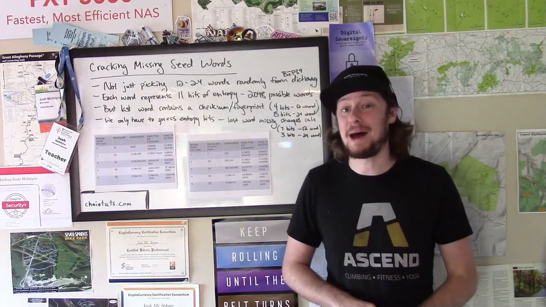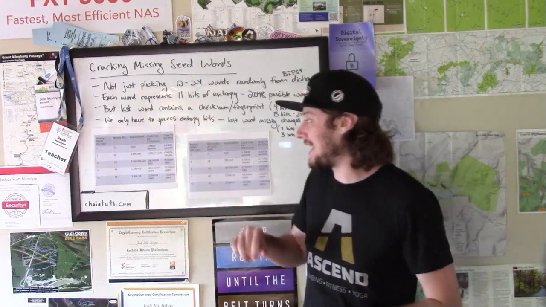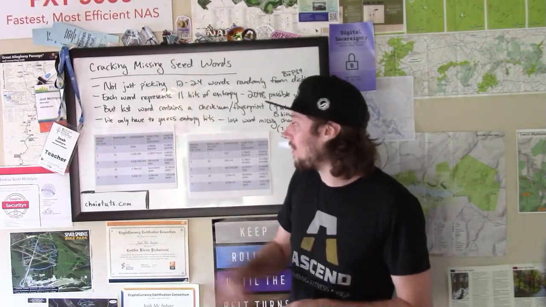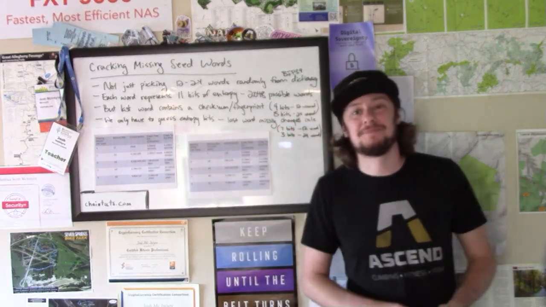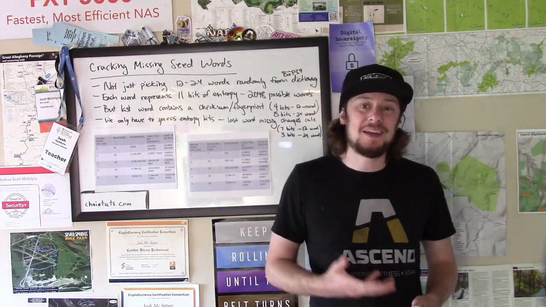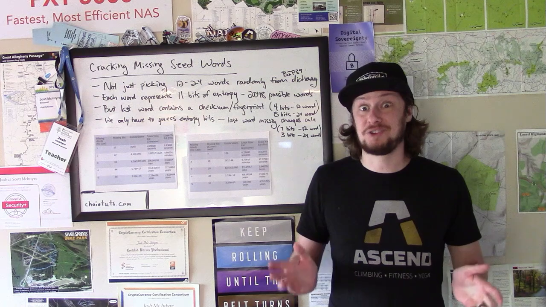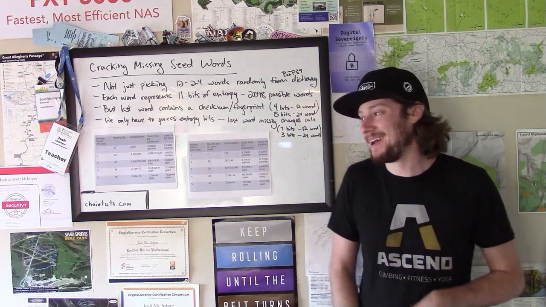That's a big gap from maybe a decade, or maybe 30 days, or a few hours or minutes. This really hits home the exponential math involved here, so make sure your seed words are backed up.